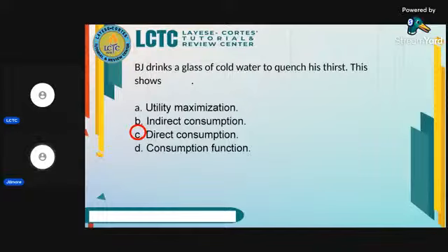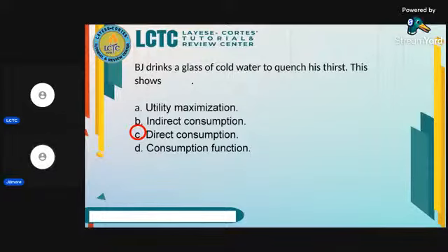When we talk about utility maximization, let's say it this way, it is the maximum satisfaction or the maximum benefit that we can get from a product that we consume. Utility in economics is the measure of happiness, satisfaction, or simply the benefit that a person can receive from consumption.